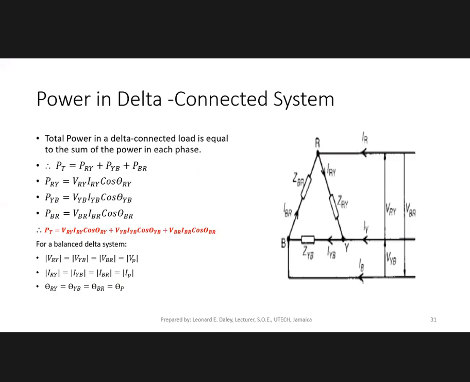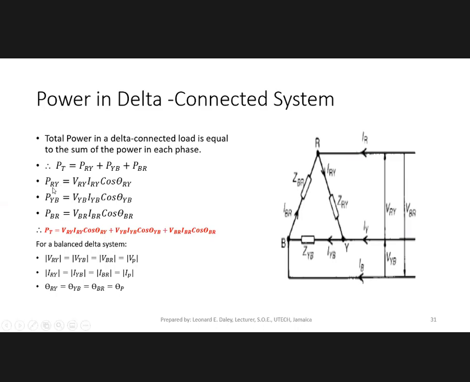All right, so now we're going to look at the power in the delta circuit. The total power drawn by a delta connected load is given by the sum of the power in each of the phases. So power in the phase RY, power in the phase YB, and power in the phase BR, as we did with the star system.